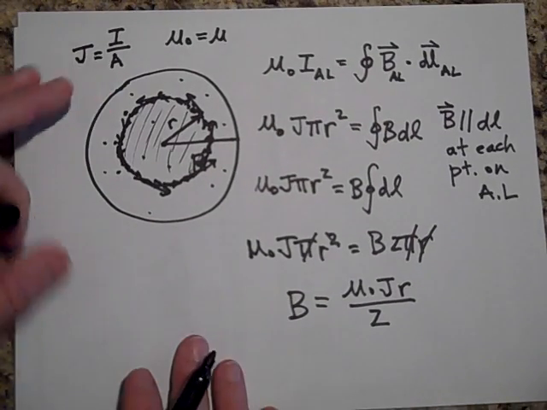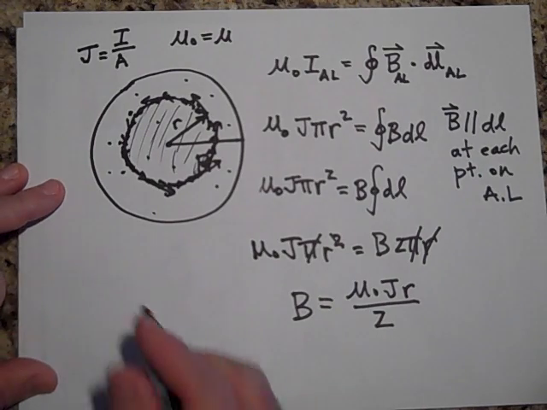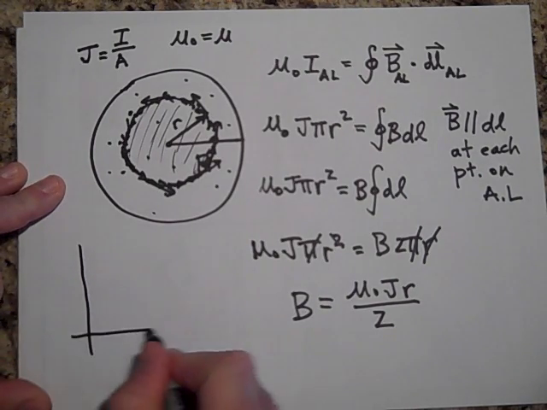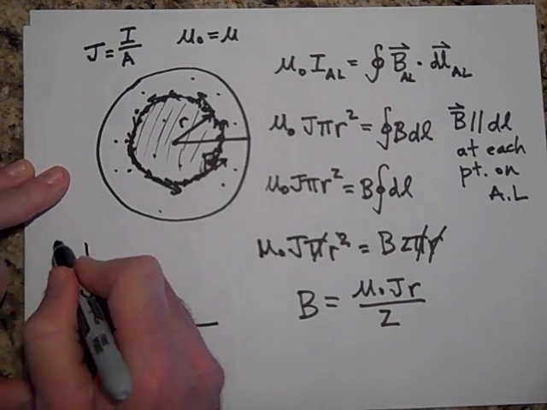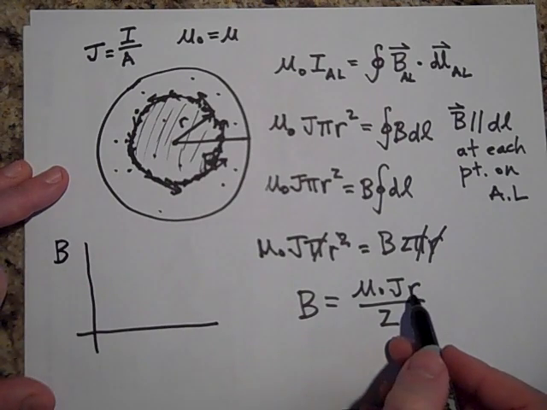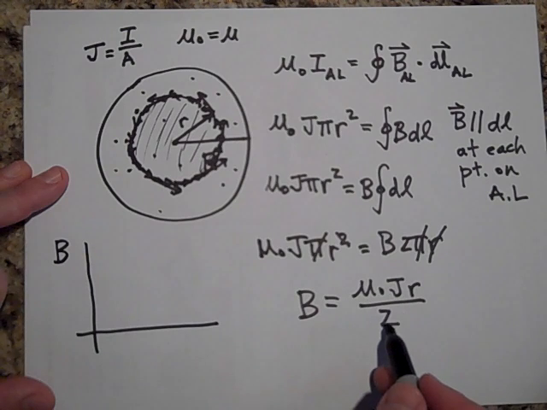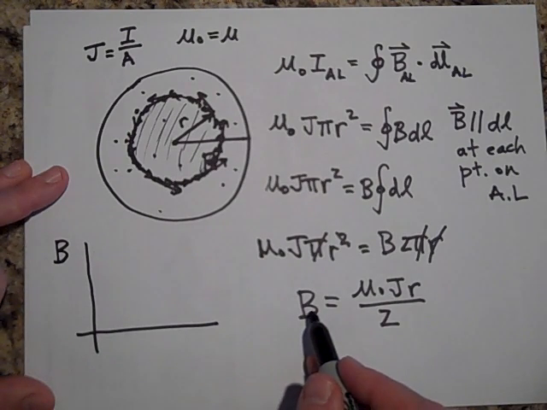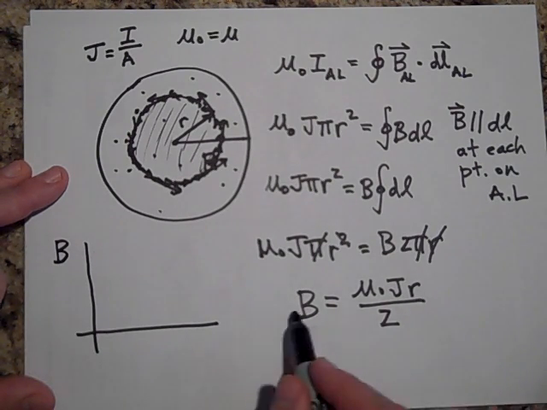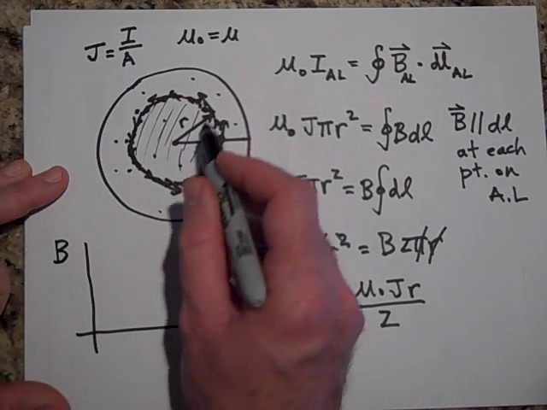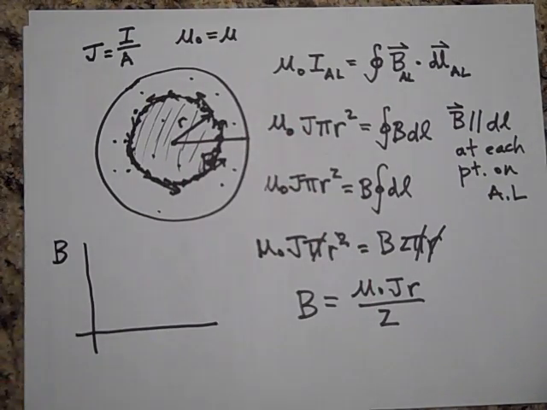Okay, so if I were going to plot that, see what that looked like on a graph, apparently if I go out twice as far from the center, these are all constants, I get twice the B. If I go out 3 times as far, I get 3 times the B, all the way out to the edge there.